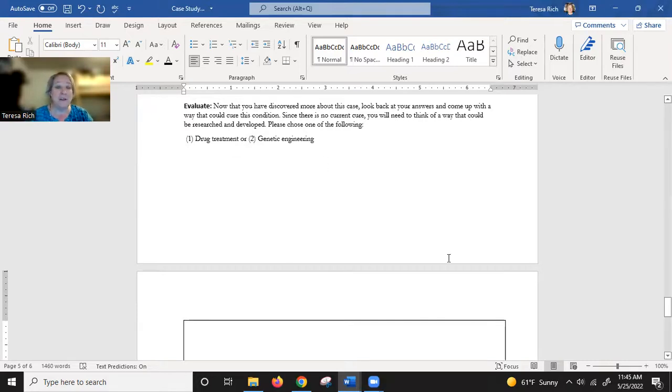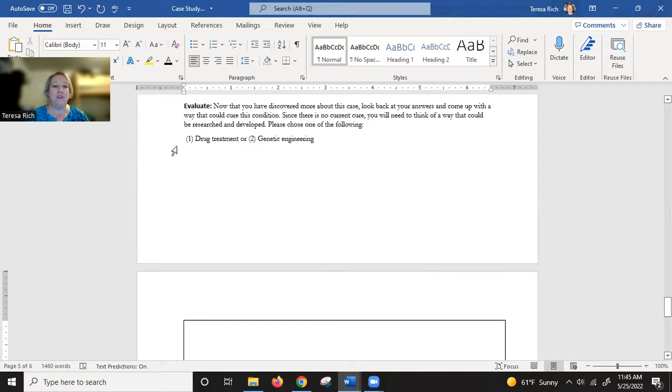You can do some research, and I'll want some in-text citations and a full reference at the bottom in the table references. But in this case, okay, once you go through the case study and you look back at your answers, I want you to think up a way that you could cure Henry's condition, okay?